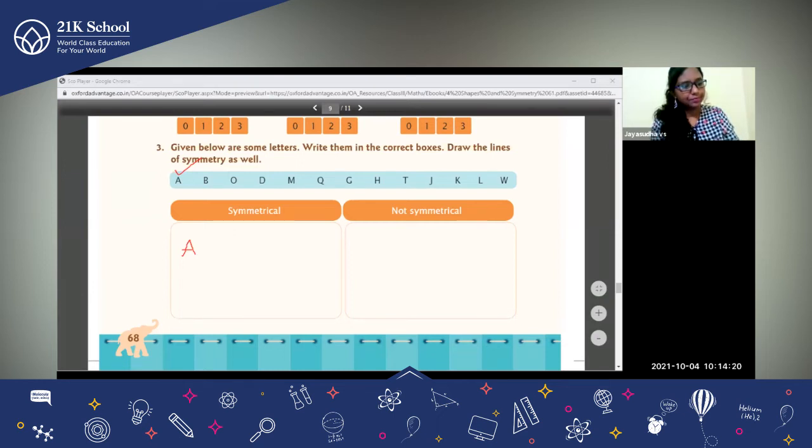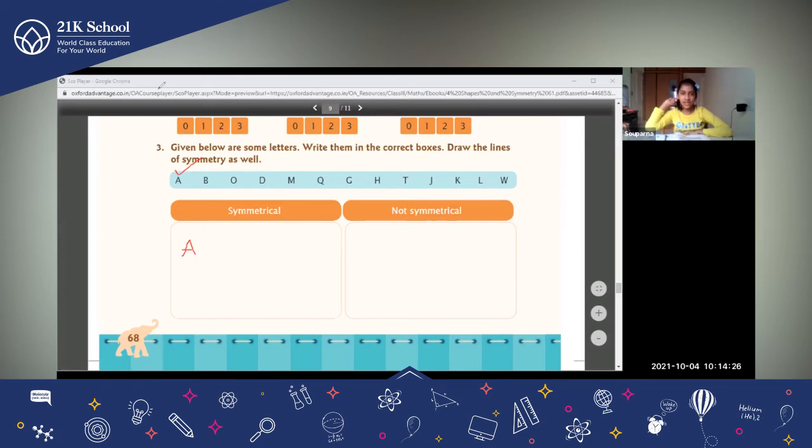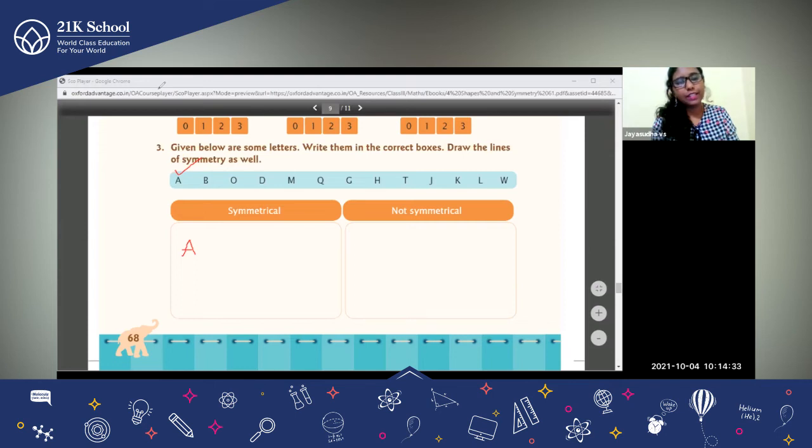Done? Swaparna? Yes. Understanding Q. Q is Q, you cannot divide it, you cannot find a symmetrical thing. So it is asymmetrical.